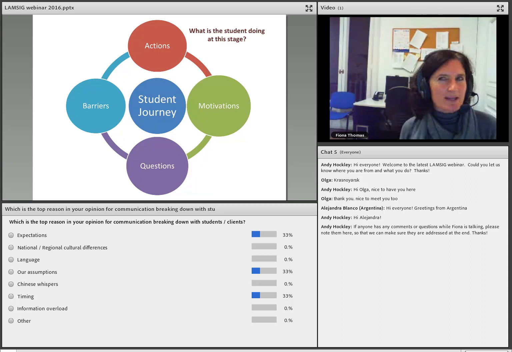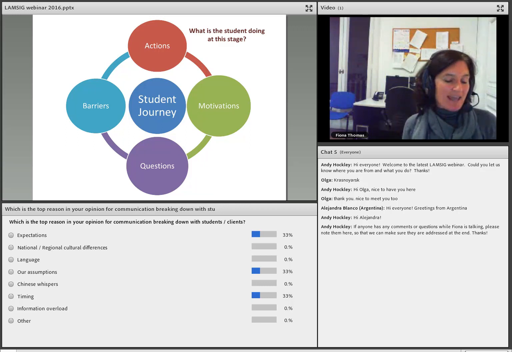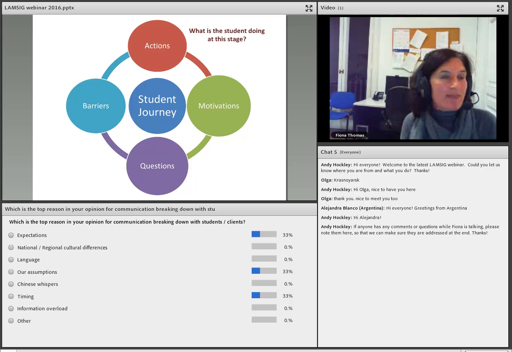Well, I think we can imagine that, for whatever reason, they've decided they need to sign up to study English or whatever language it is. And maybe they are comparing different language schools in the area where they live to see what the different options are. Or maybe they're looking at language schools near where they work.